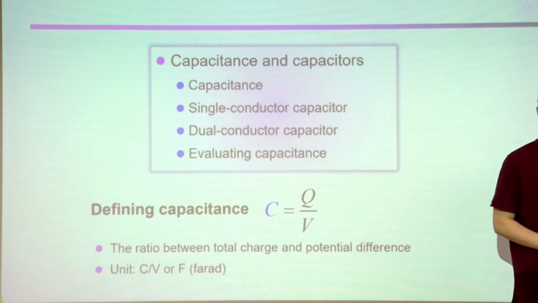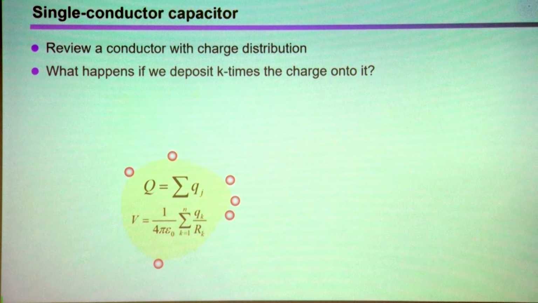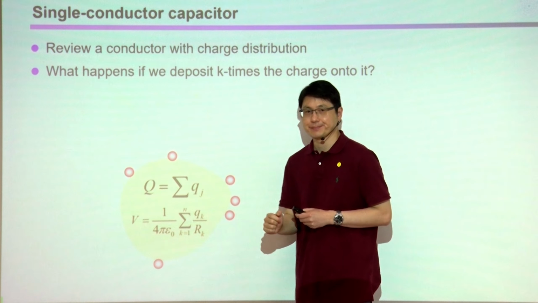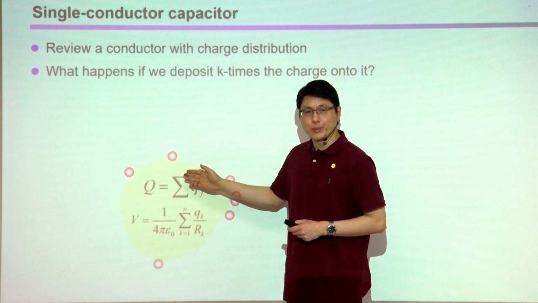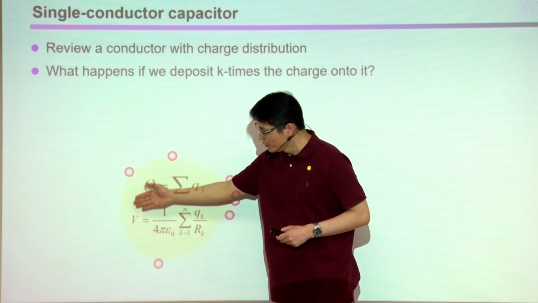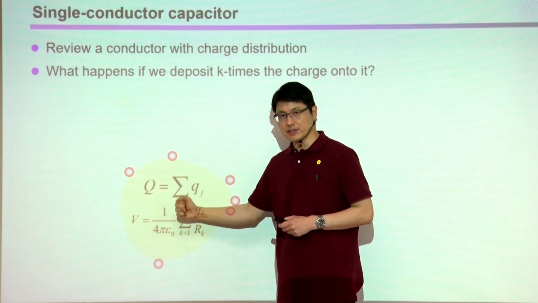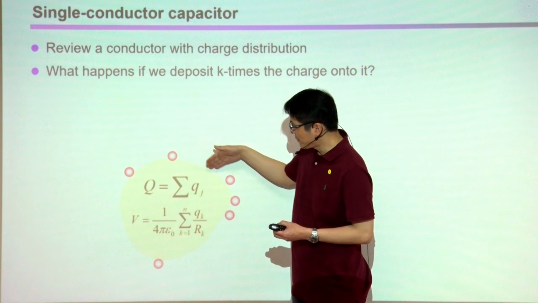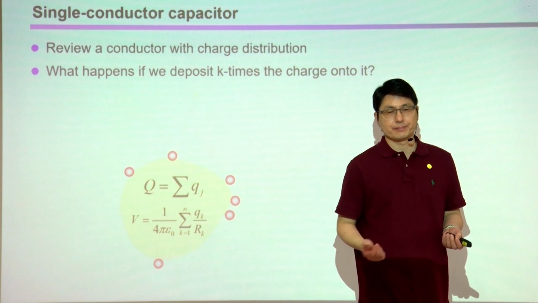charges. Okay, so what does that mean? Well, let's take a look at a single piece of conductor. Again, we're dealing with a perfect conductor, so no field allowed inside and no charges are allowed inside the conductor. But you are free to have depositions of charges on its surface.